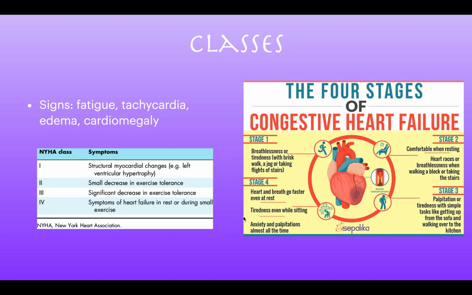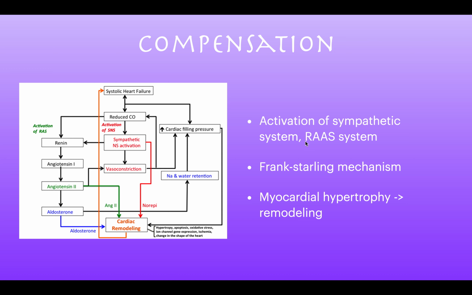In compensation, at first, it's going to work. The sympathetic system and the renin-angiotensin-aldosterone system are going to increase the blood pressure, and by that, increase the cardiac output. At first, it works because of the Frank-Starling mechanism: with more blood coming into the heart, the greater the venous return, the greater the contractility. That's going to work for a little bit.